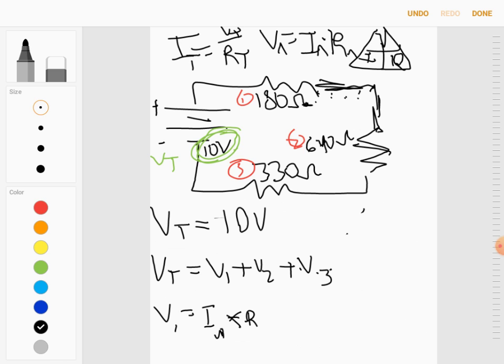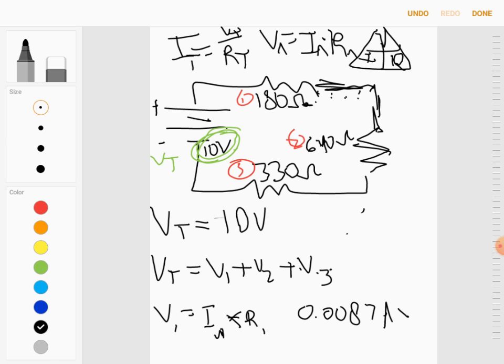So what is I1? I1 is going to be 0.0087 amps, because remember all of the I components equal each other in a series circuit. So we have 0.0087 amps. I'm lucky I remembered that.